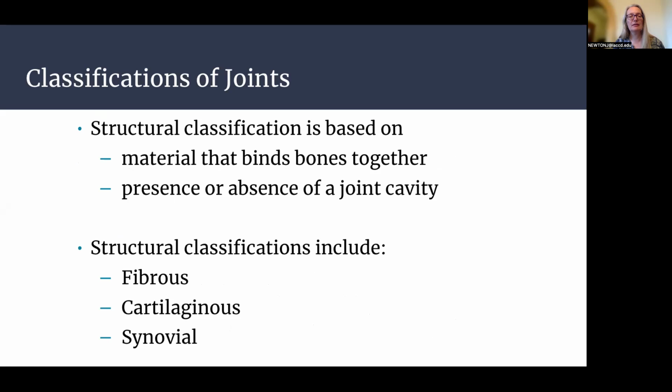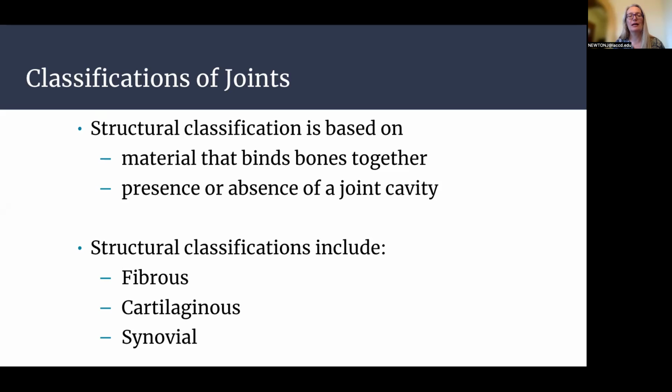Now, the second classification method for joints involves looking at the structure of the joints. It's based on what material is binding the bones together at these joints, and also whether there is a joint cavity or not.